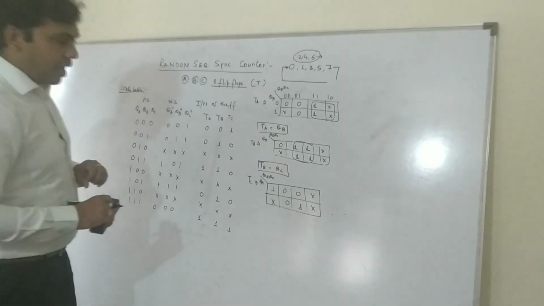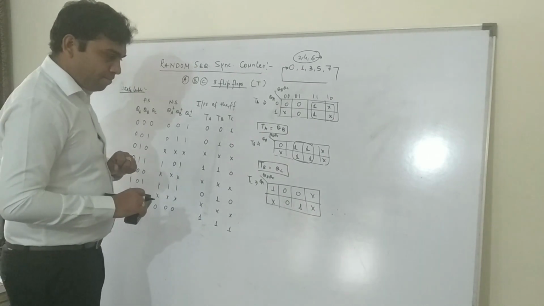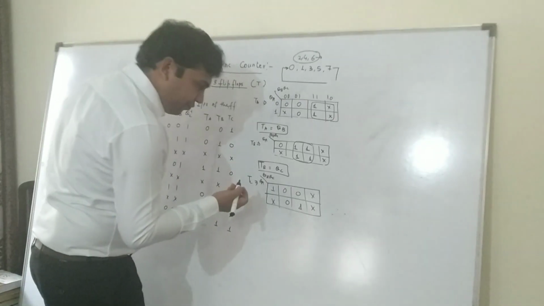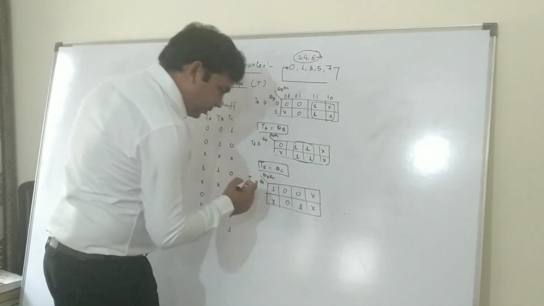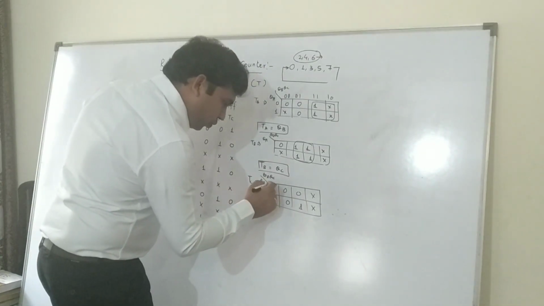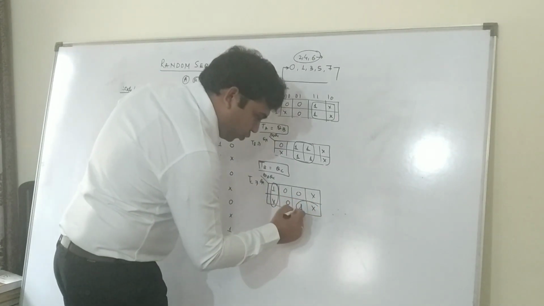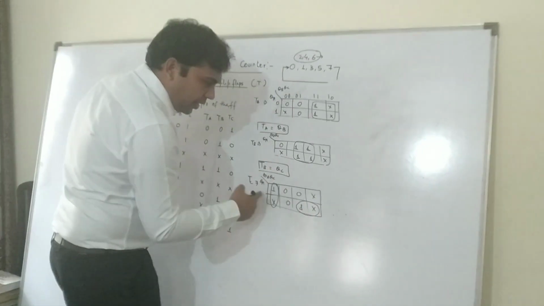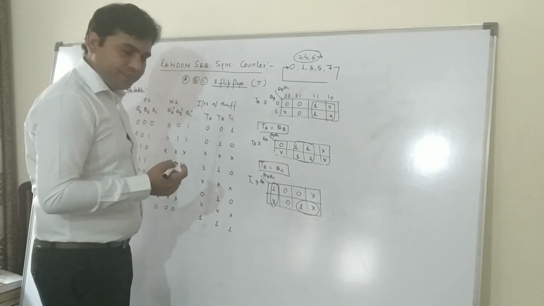Yes. So now, in this case, we can have, let's say, these two, and we can have, let's say, these two. It does not matter, you can make it like this also. It will not make any difference. Okay?